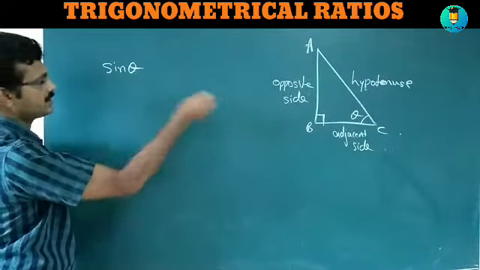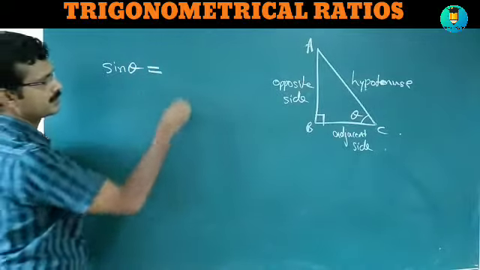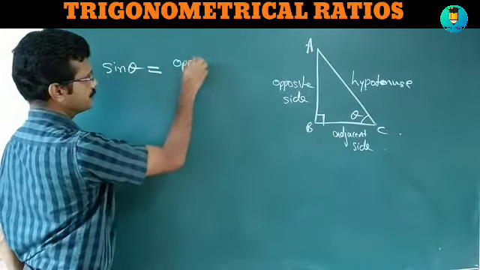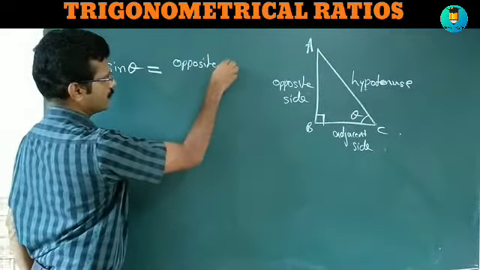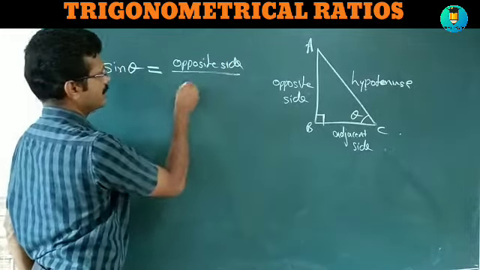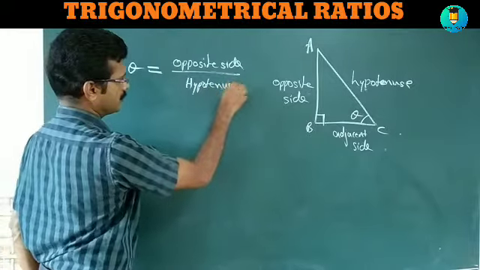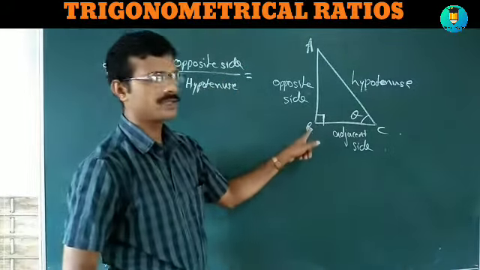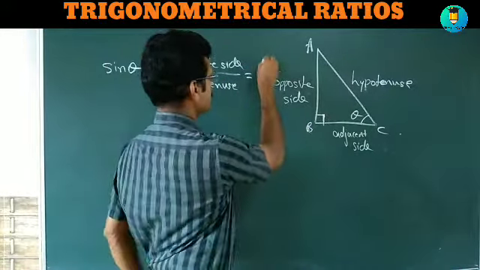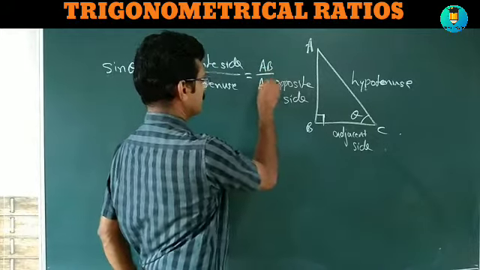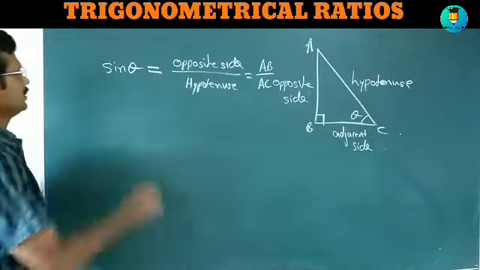Sin theta, theta is the angle. Sin theta is equal to opposite side divided by hypotenuse. That we can write, that is AB by AC. This is the first ratio.